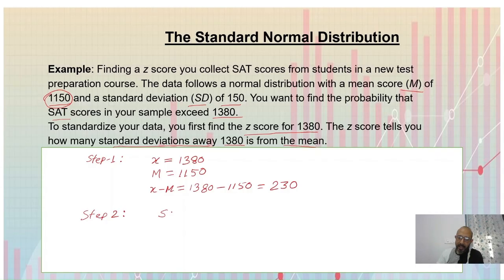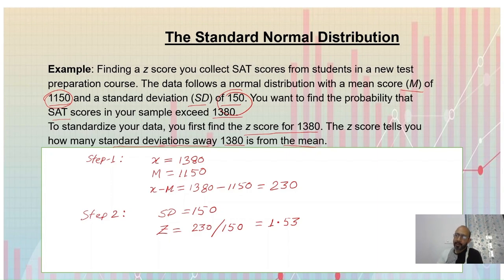Our standard deviation SD equals 150. So Z equals 230 by 150, that is 1.53.